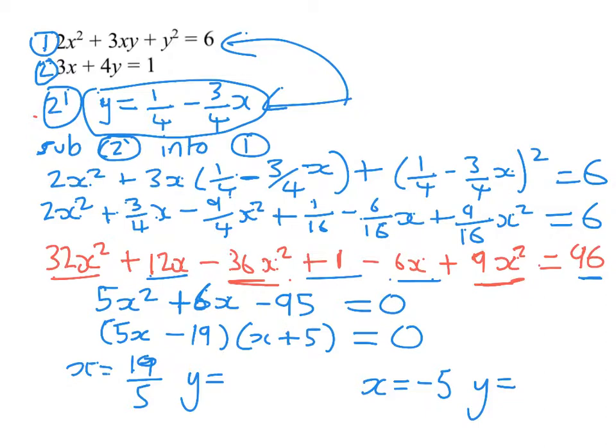Put in 1/4 minus 3/4 of 19 over 5, and you get negative 13 over 5. Likewise, negative 5, you put 1/4 minus 3/4 of negative 5, and you get 4. So you've got your 2 sets of solutions there. There we go. Just try to circle that at least.